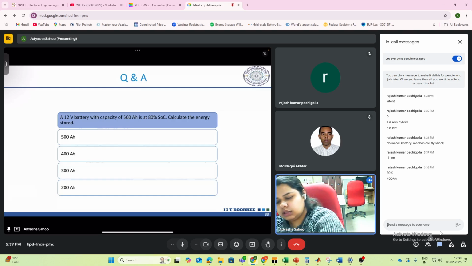So basically capacity is 500 ampere hour, which means your 100% SOC means the capacity is 500 ampere hour. So currently the SOC is 80%. So the energy now will be 400 ampere hour.